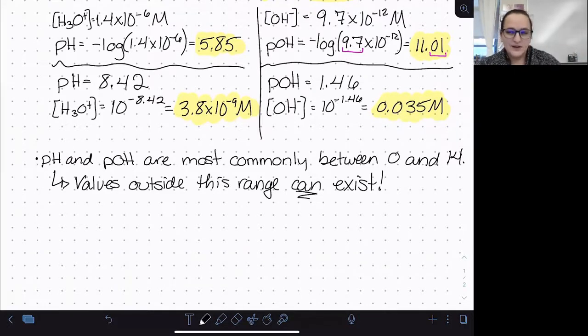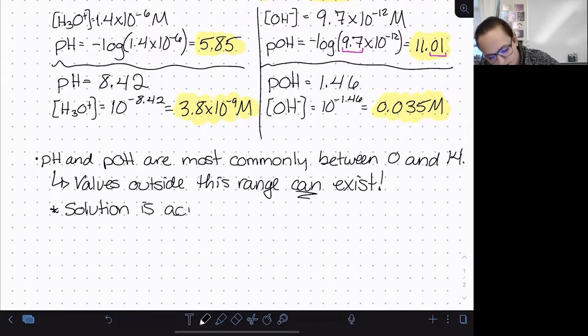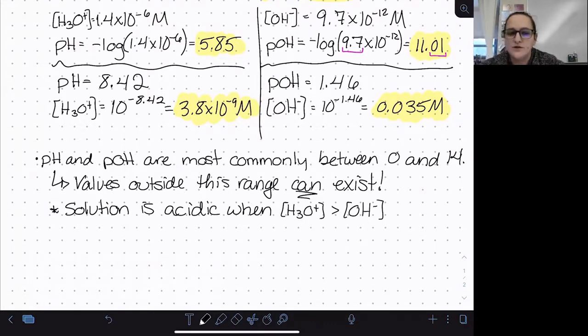And what actually defines when a solution is acidic, basic, or neutral is the relative amounts of hydronium and hydroxide that are present in that solution. So a solution is considered acidic when the concentration of hydronium in that solution is greater than the concentration of hydroxide.